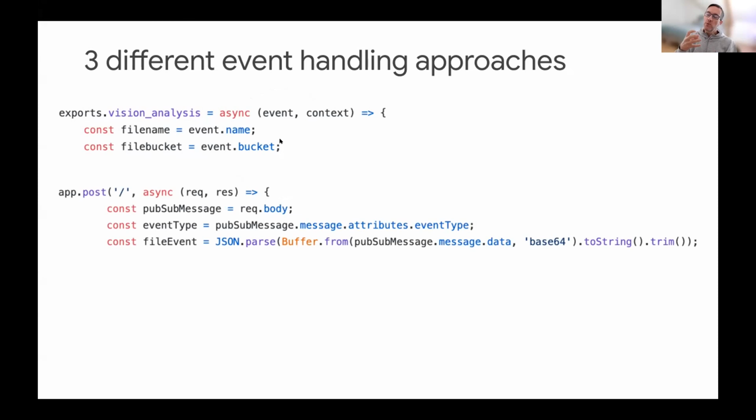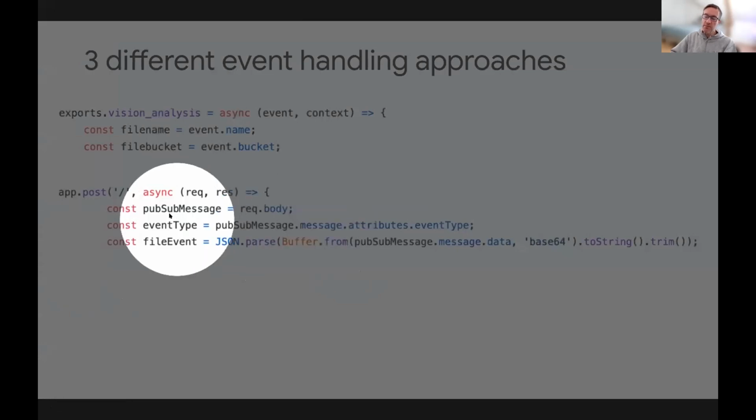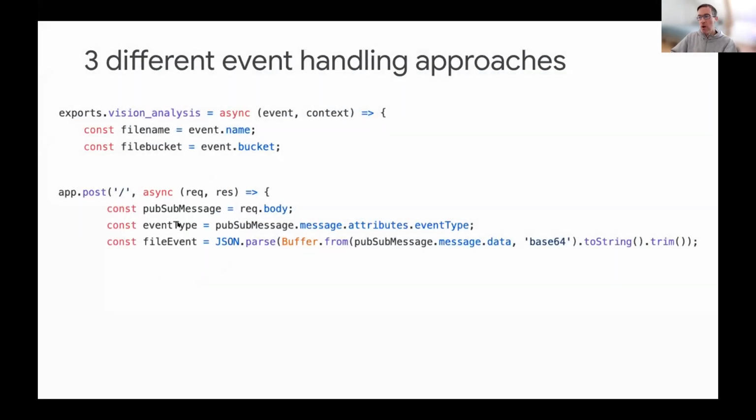So if you want to get a file event stored on Cloud Storage, this event is going to be wrapped into a Pub/Sub message that is going to be wrapped in an HTTP request that is coming. So we have a different way to handle this message, although it's pretty much the same actually.